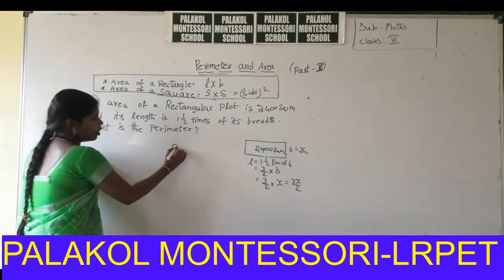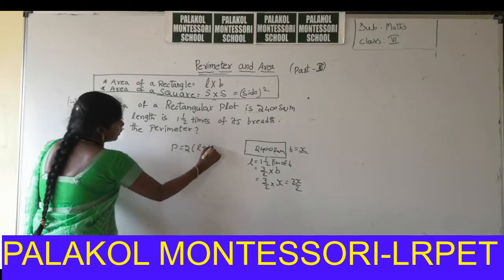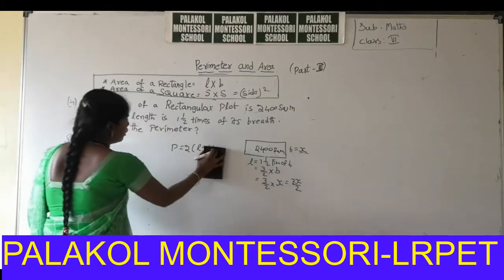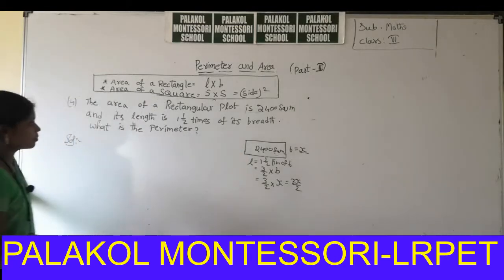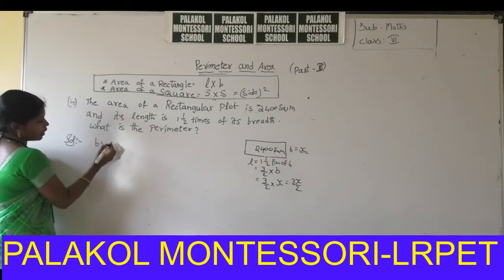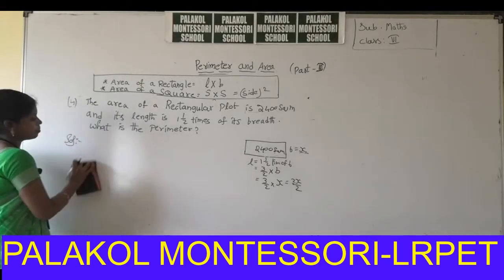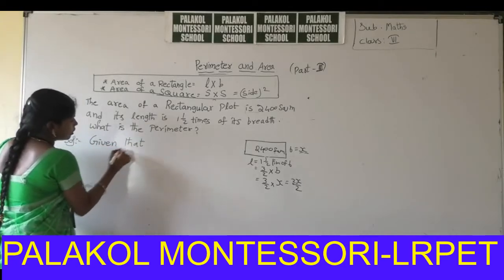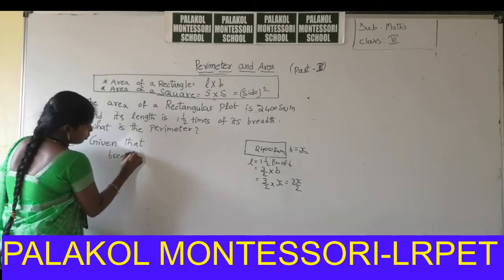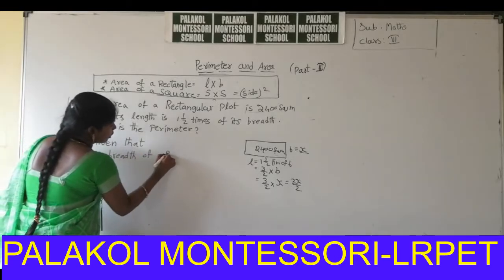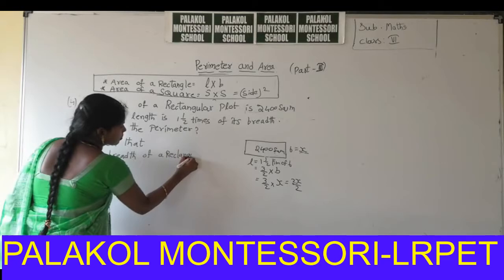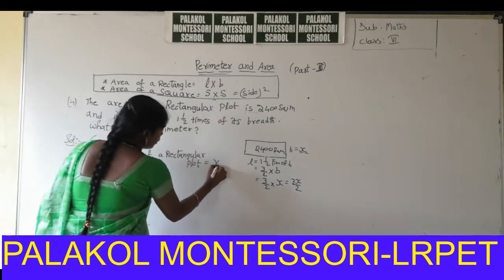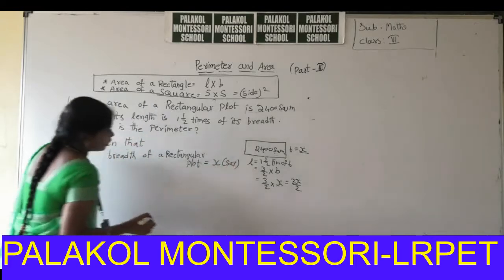The perimeter formula is equal to 2 into bracket of L plus B. So we can find that first. Given that, the breadth of the rectangular plot is equal to, we don't know, so we can say x.